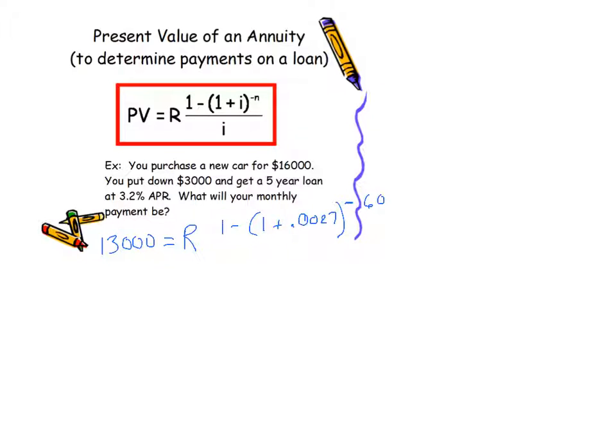So that's to the negative 60 power, and that is all over that interest rate that I have stored, 0.0027. I'm solving for R here. It looks like we just need to clean this whole mess up. One of the big mistakes that I see is this R gets put in that fraction. Notice that it has nothing to do with the fraction. It's in front. We can do all of this and have nothing at all to do with the R.